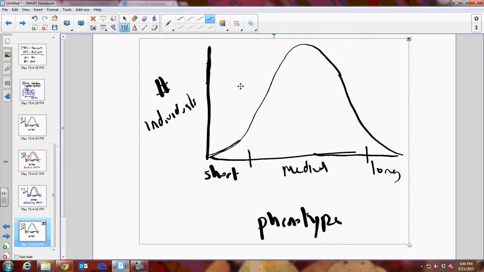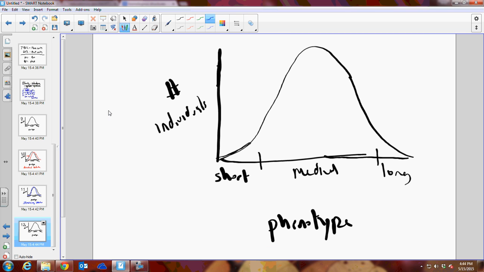Well, let's say that long-legged chickens and short-legged chickens are a novelty, and people like novelties. Or people don't like novelties, and instead they pick up only chickens that have the medium length legs, and they go home and have a nice chicken dinner.